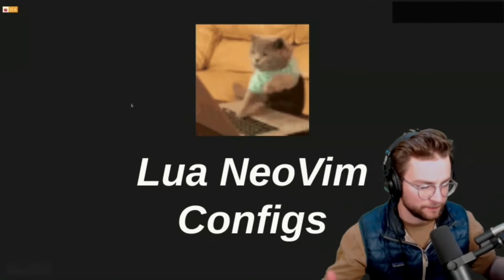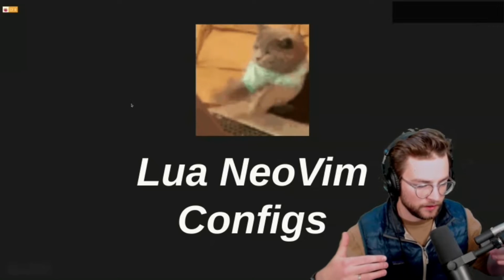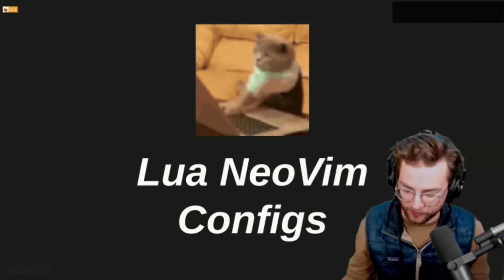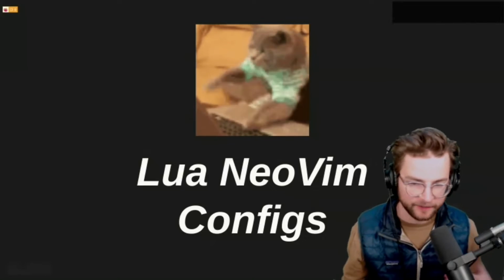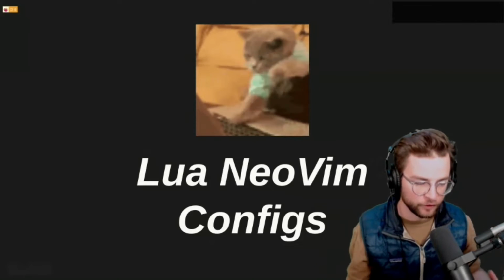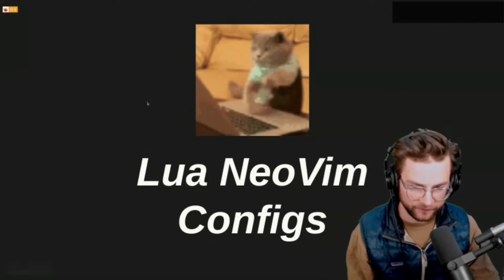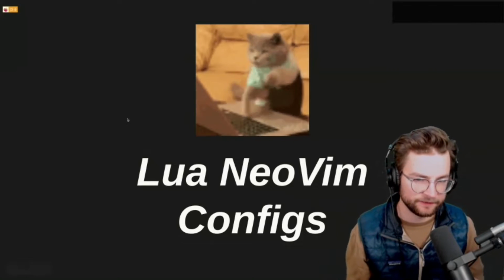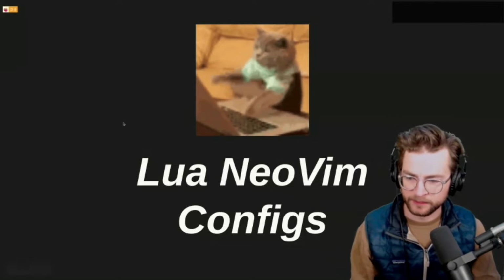Let's dive a little deeper into what that means for Lua Neovim configurations. Like some people have said already in the conference, a lot of us have moved to a full-on Lua Neovim configuration, and it's a little different. There are definitely some nuances you need to be aware of.